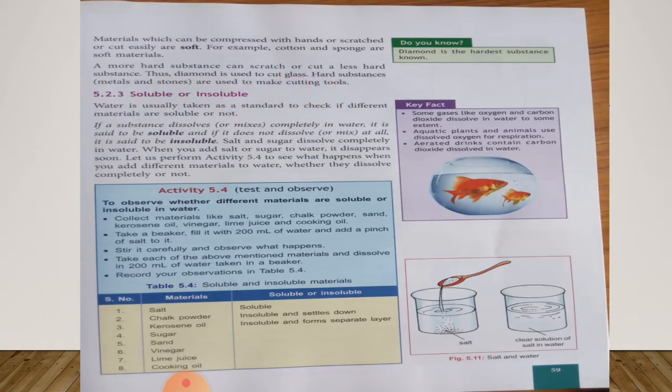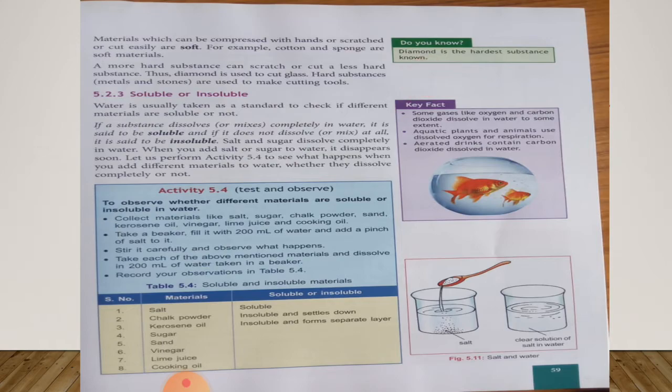So, from this paragraph we understood that there are also some hard things which are used to cut other less hard things like knife, scissors that are made of metal, or there are also some items made of stone which are used to cut other things. For example, diamond is used to cut glass. Now here in the green box you can see, do you know diamond is the hardest substance known.